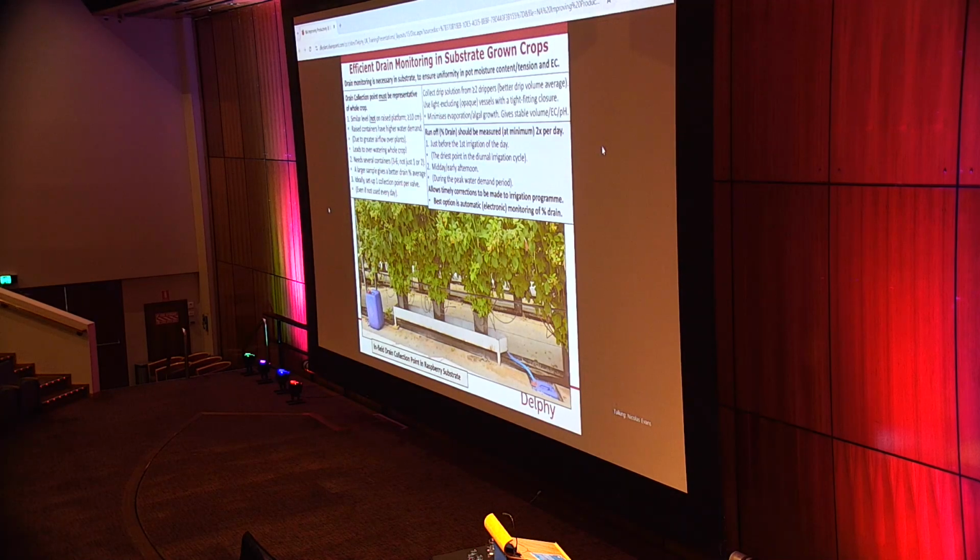And ideally set up one drain collection point per valve, even if you don't use it every day. Collect the drip from 2 drippers to get a better average than 1, and sometimes 1 dripper starts to clog up. Use a light-excluding opaque vessel with a lid, and this minimizes evaporation from the bottle and any algal growth, and therefore you get a stable EC, pH, and volume.